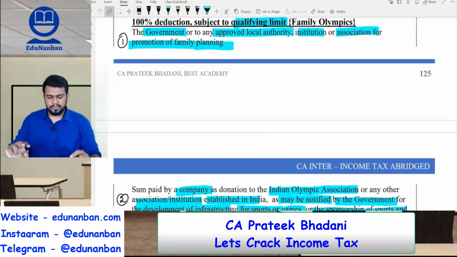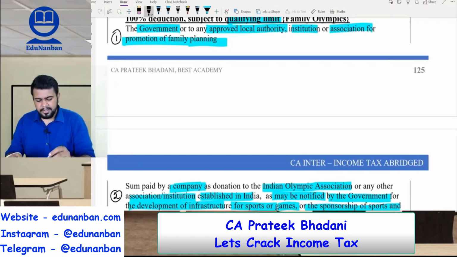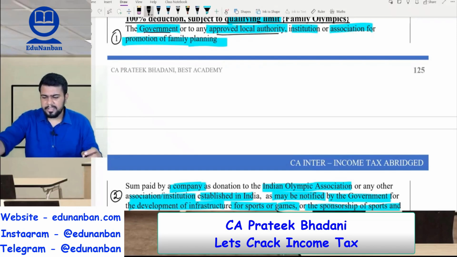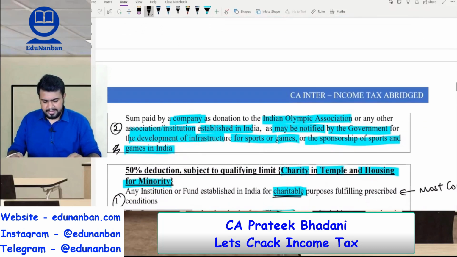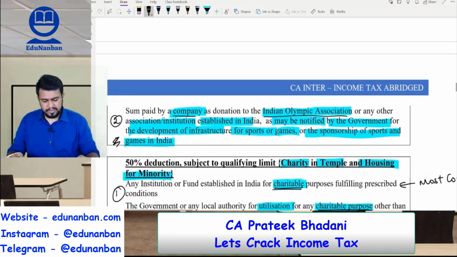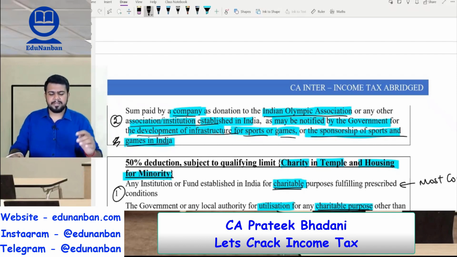There are two points. First point, government or any approved local authority for the purpose of promotion of family planning. Then second, any sum paid by a company as donation to the Indian Olympic Association or any other association or institution as may be notified by the government for the development of infrastructure for sports or games or for the sponsorship of sports or games in India.